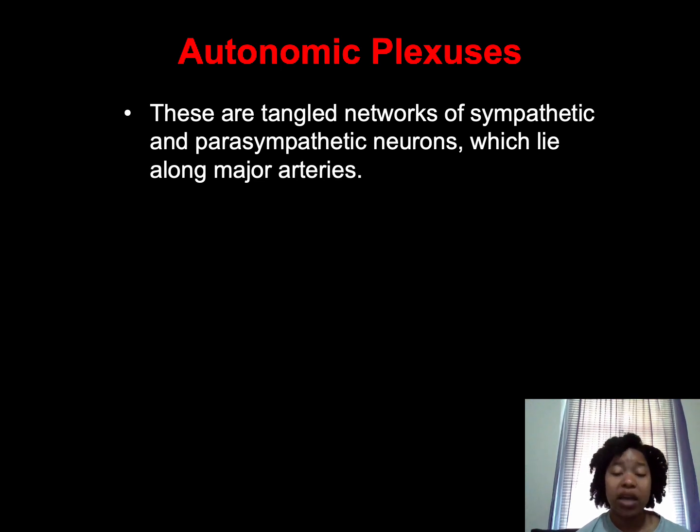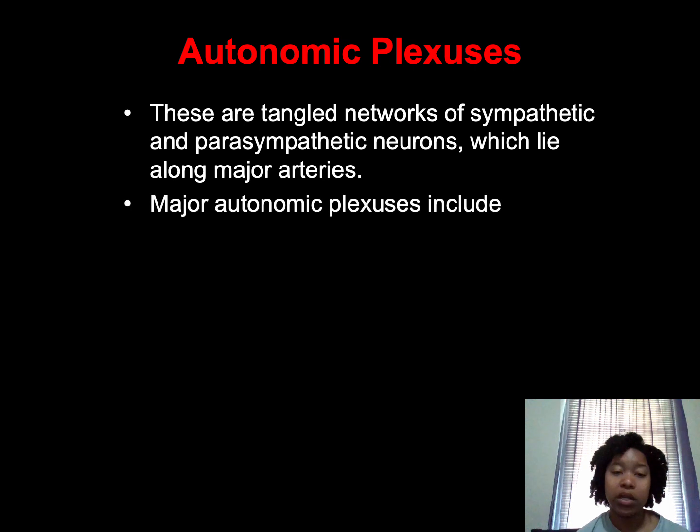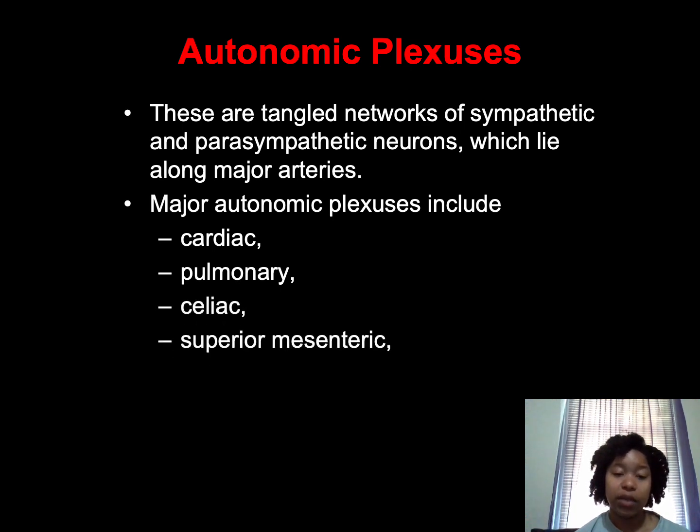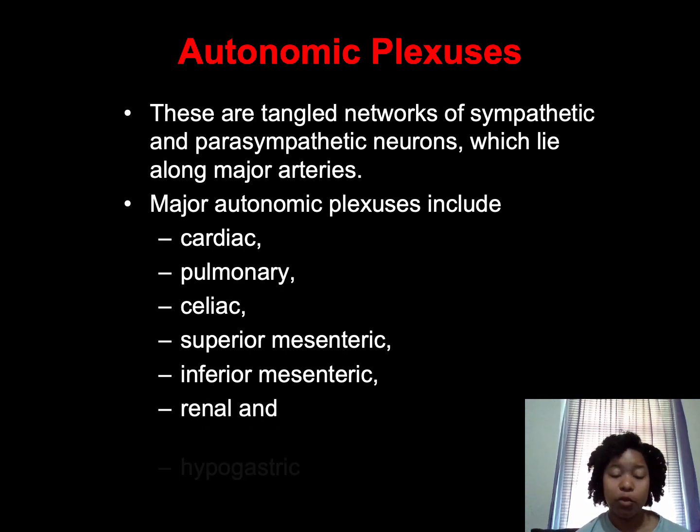Sometimes they are working back and forth in order to control whatever process is going on within the body. Some major autonomic plexuses include the cardiac plexus, the pulmonary plexus, the celiac plexus, the superior mesenteric plexus, the inferior mesenteric plexus, the renal plexus, and the hypogastric plexus. I would suggest you remember all of those.